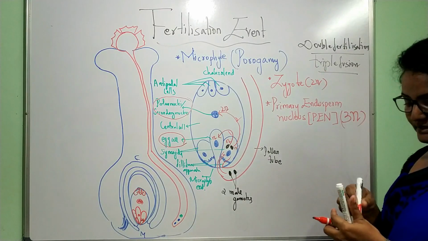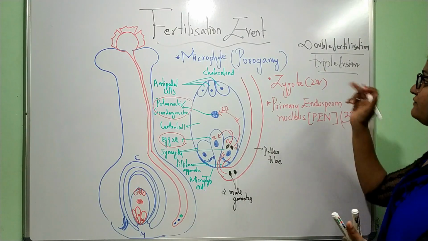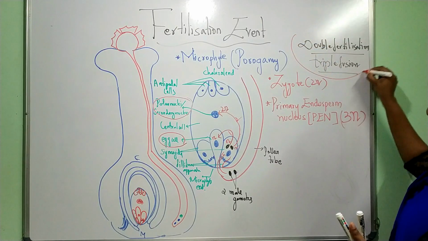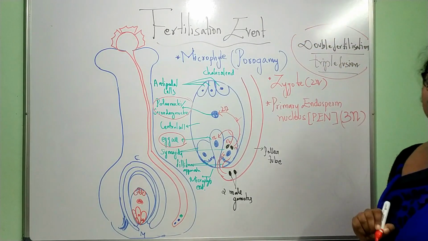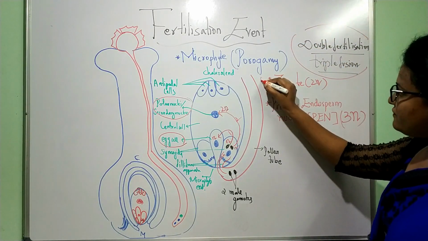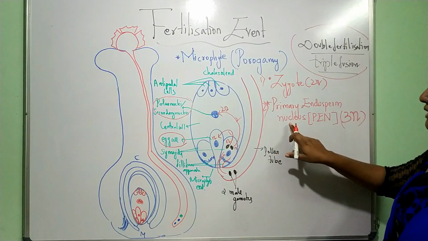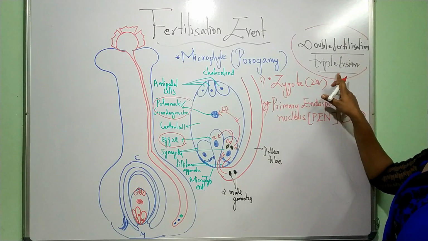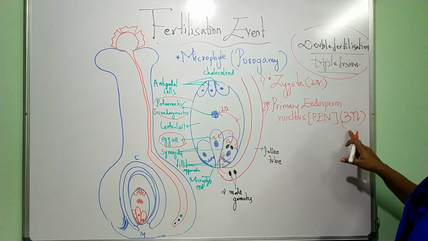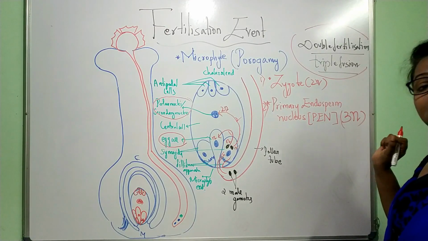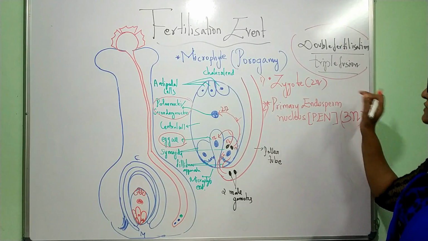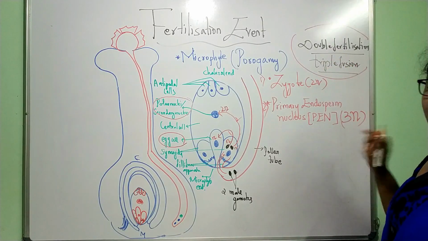Hence in angiosperms the fertilization is double fertilization and triple fusion. There are two fertilizations, but one of them is triple fusion, and the product is 3n.